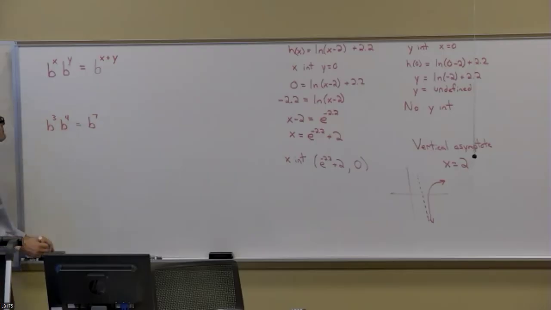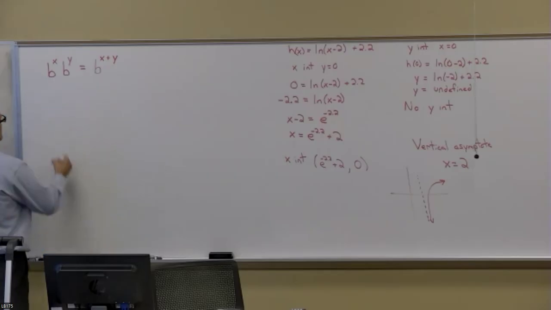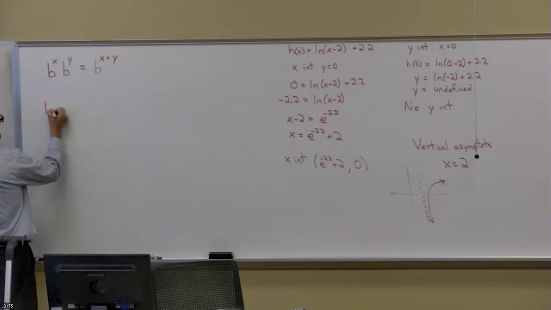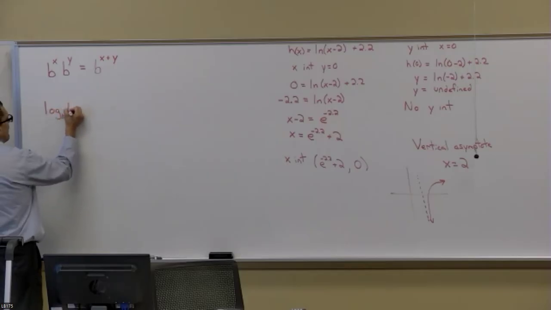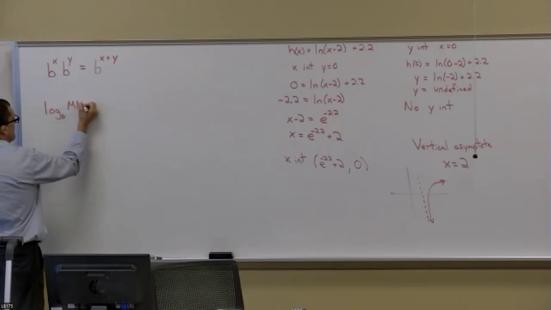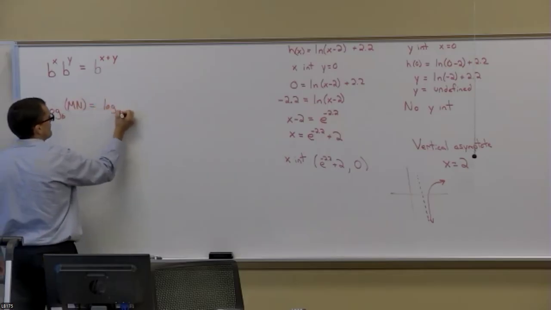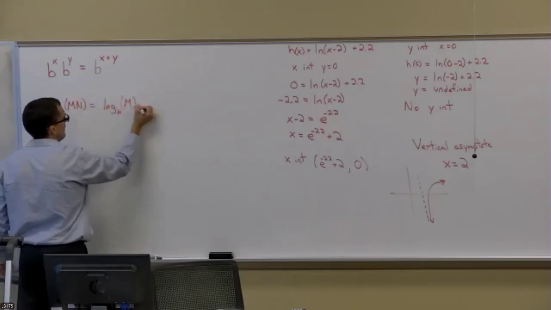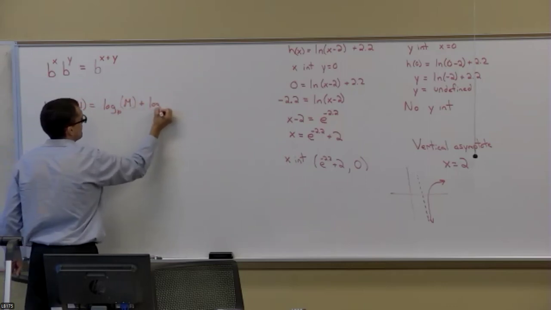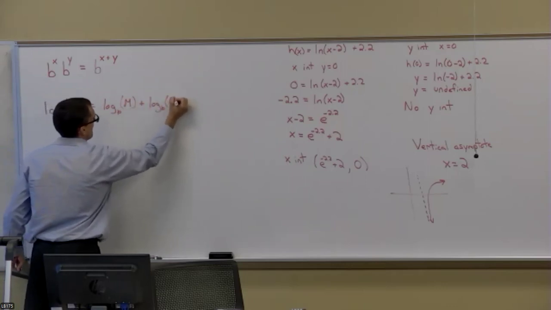Okay. The log rule says if I take log base b of m times n, I get log base b of m plus log base b of n.